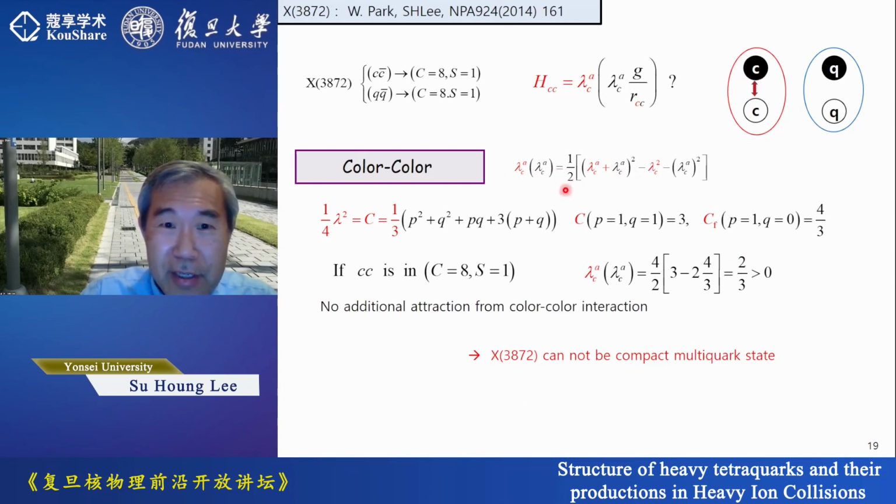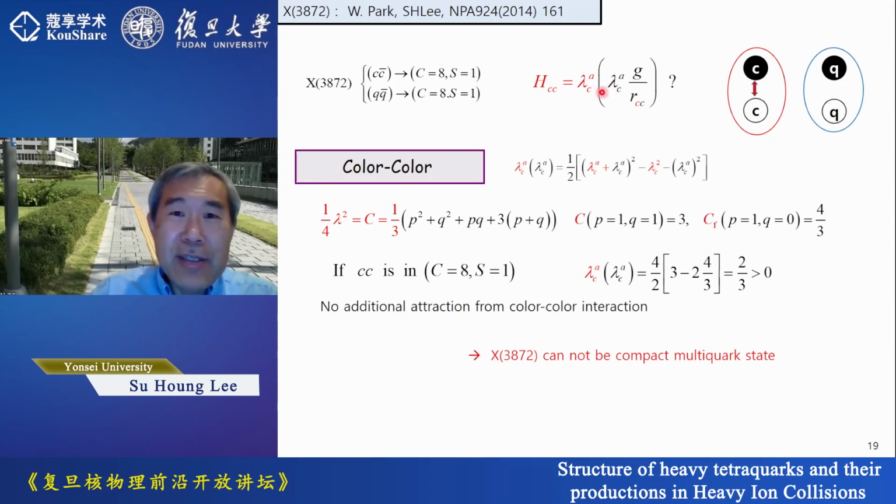You can work out the Casimir, this color factor, when this is a color octet, subtract each color factor, then you will see that this is a repulsive color configuration. So therefore, at short distance, this is repulsive. So instead of giving an attraction, when these are compact configurations, they will just give you repulsion. So therefore, you don't expect to have any additional attraction from the color configuration.